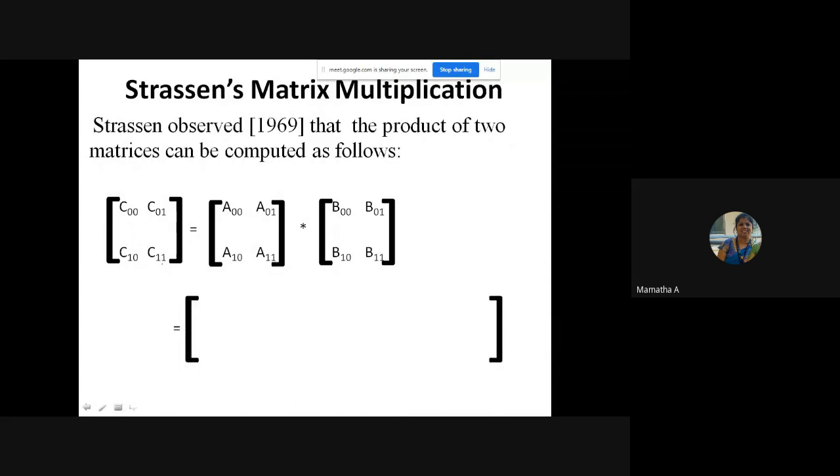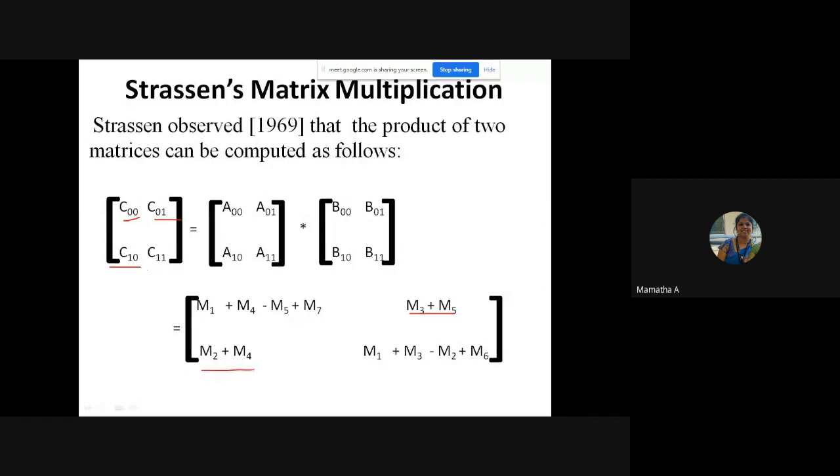The formula is this. What is C00? C00 is M1 plus M4 minus M5 plus M7. What is C01? M3 plus M5. What is C10? M2 plus M4.